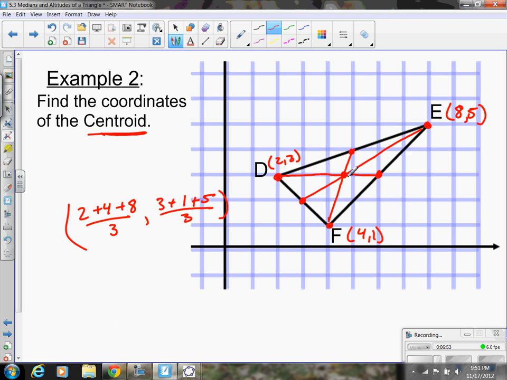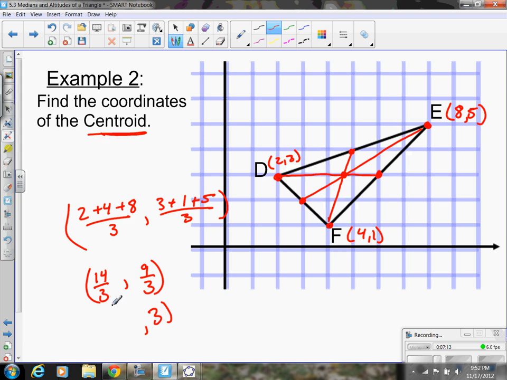And this will quickly find that centroid, which will be, so 6 plus 8, 14 divided by 3. And this one is 4 plus 5, 9 divided by 3. Well, 9 divided by 3 is 3.